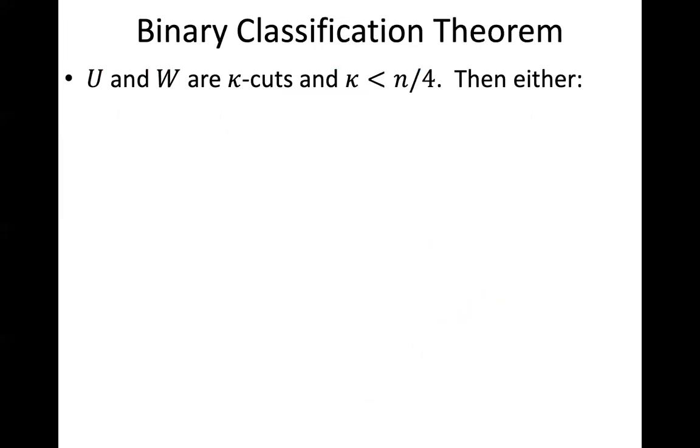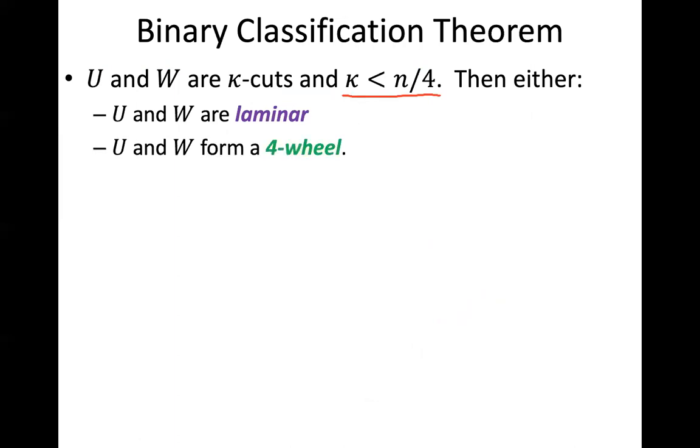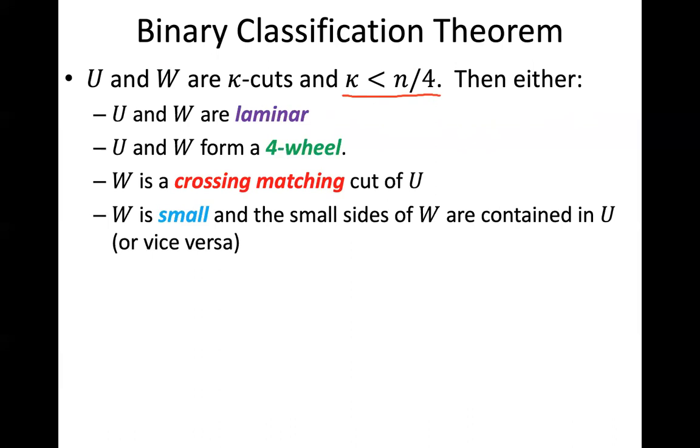So the binary classification theorem, and this only applies if kappa is bounded away from n, says that every 2 cuts either have a laminar relationship or they form a 4-wheel, and that 4-wheel might be inside a larger wheel, but those 2 cuts form a wheel, or they form a crossing matching cut, or the strangest of the 4 classifications, W is a small cut, and all the small sides of W are completely contained inside U, or vice versa.